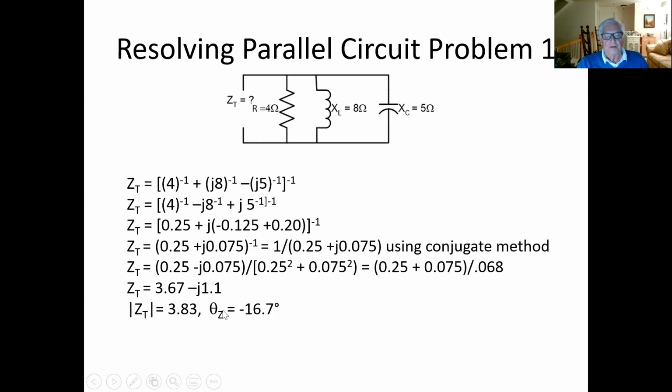And then the arctangent of minus 1.1 over 3.6 gives us an angle of minus 16.7 degrees. So meaning if it's negative, we know it's mainly capacitive. Okay.